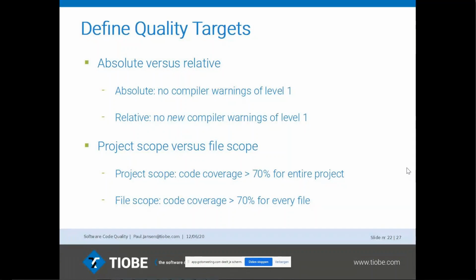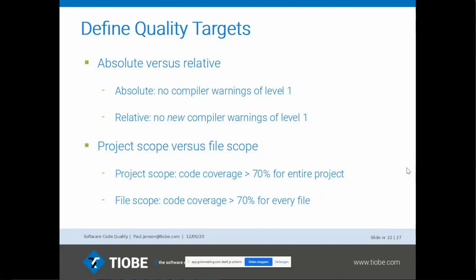Suppose you have changed 3 files, and that's your change set. You have edited 3 files, and you have made a very good improvement of your code. You also added some tests, so your code coverage is doing well. But for one file, it dropped a little bit. But for the other 2 files in your change set, everything was okay. So you improved your code coverage, so the overall code coverage was okay.